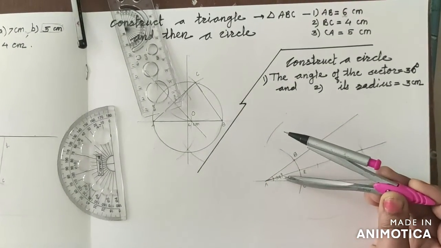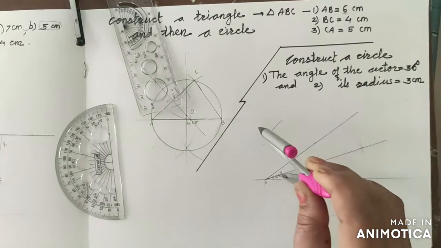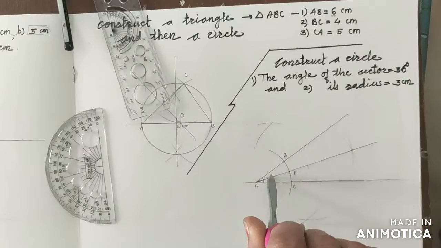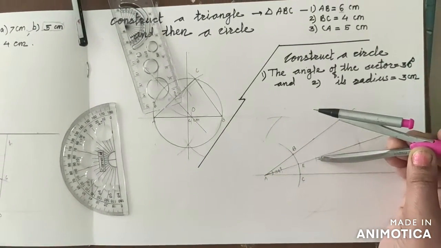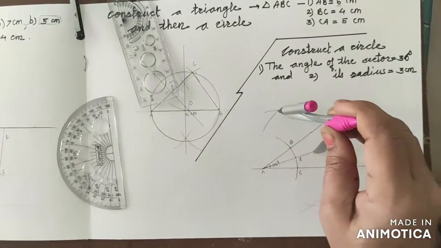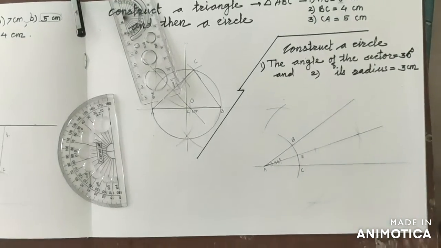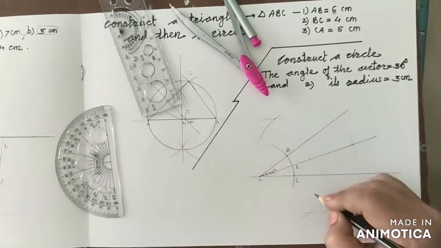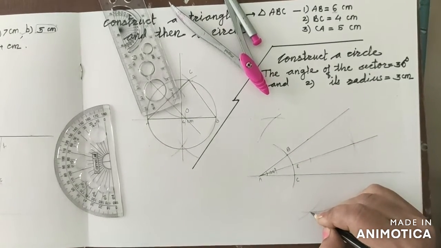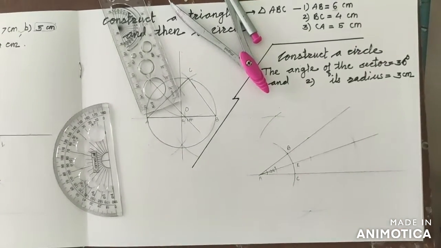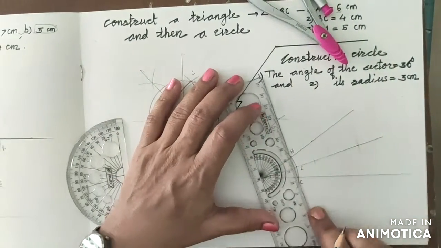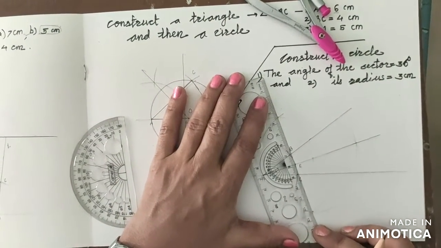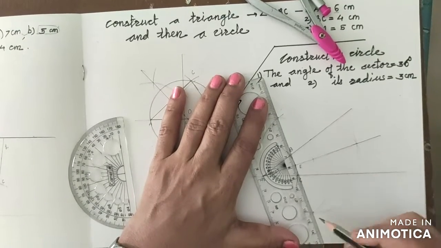After that use this new point and draw an arc crossing the same arc. In this way we get 2 points. Join those points and we get a tangent across the same point E.